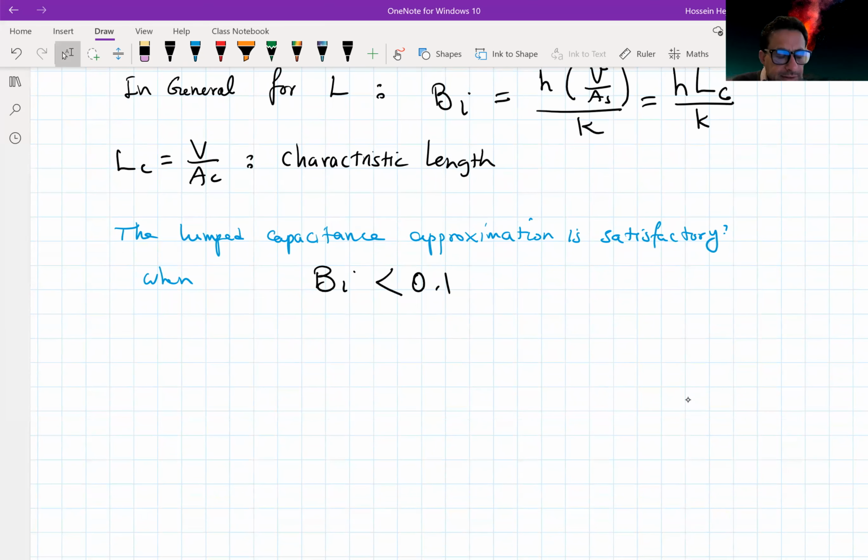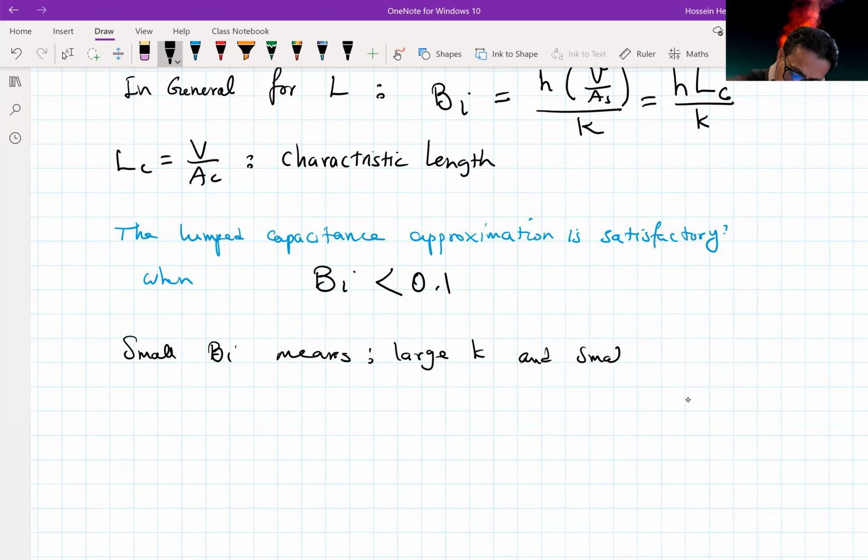And a small Bi means large K and small h.